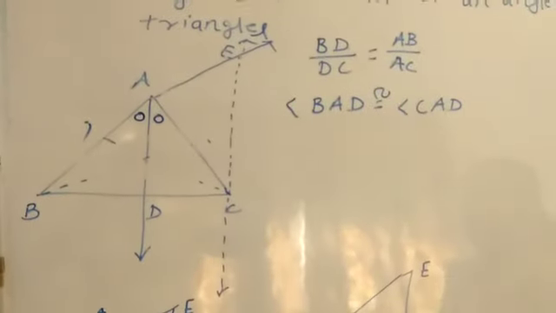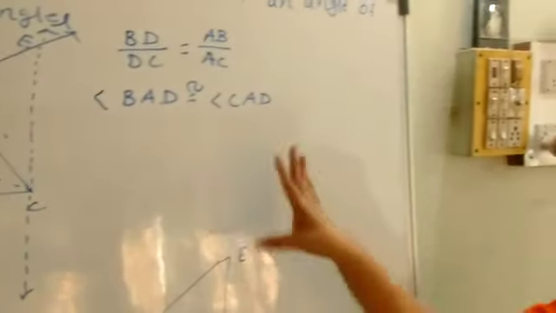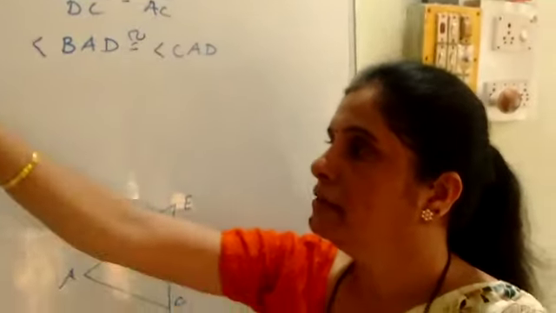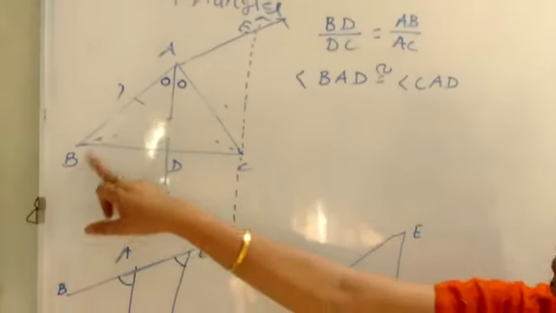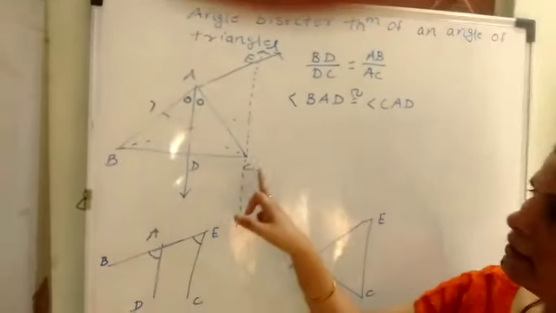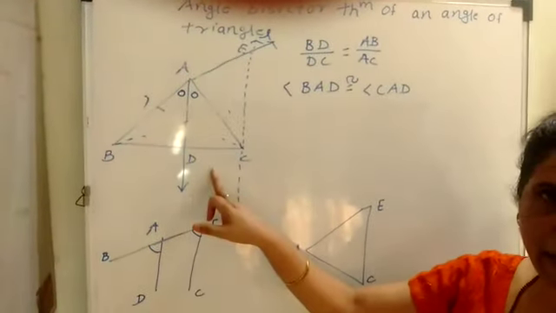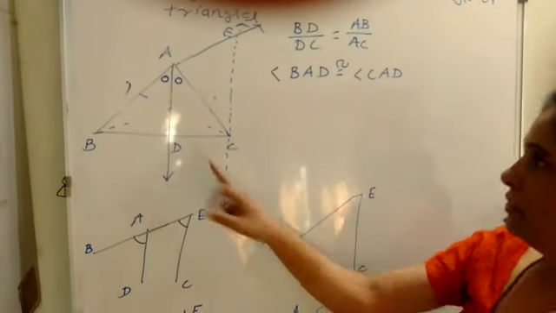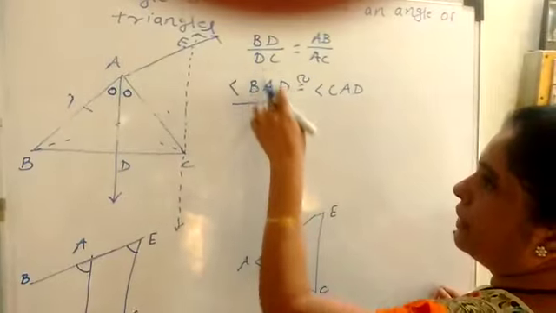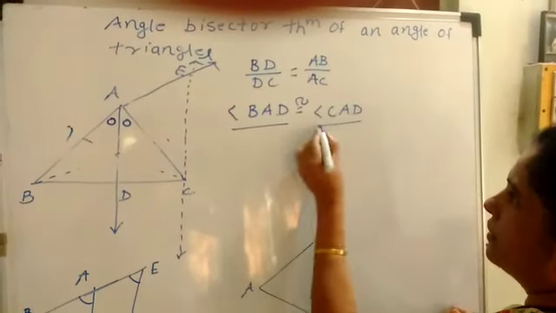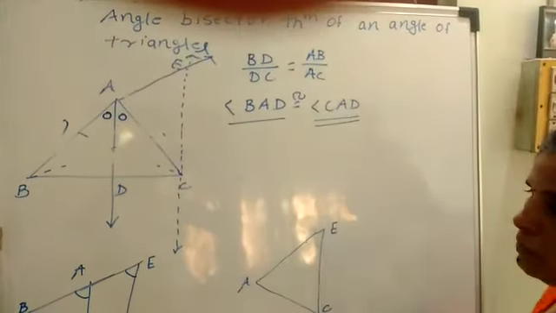Now I have started from the given information. Given information is that AD is angle bisector. So BAD is congruent to CAD. Okay. Now we will find the congruent angle of this BAD. We will find the congruent angle of this CAD. Now see this figure.